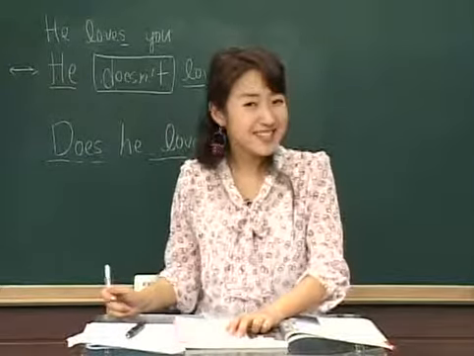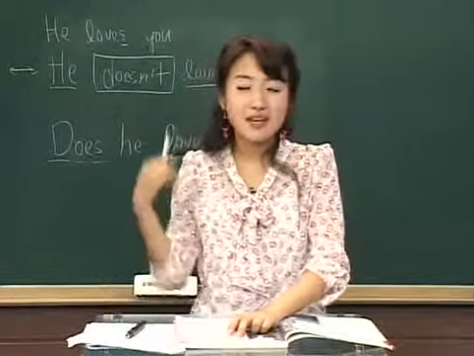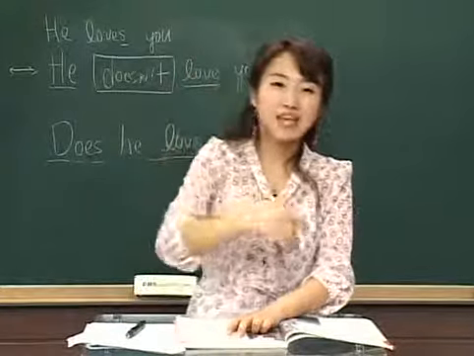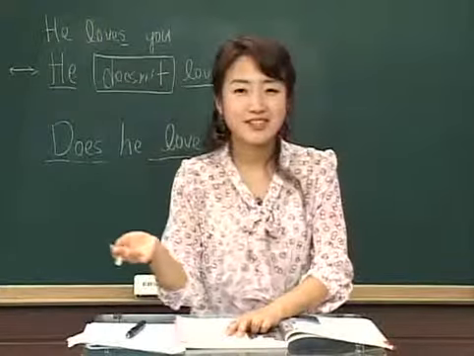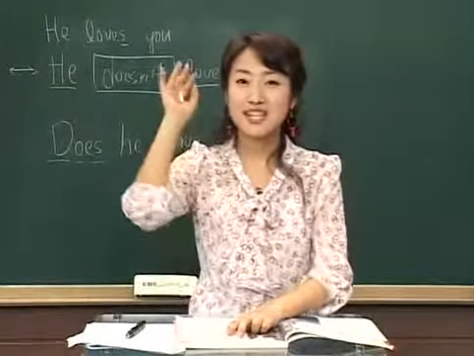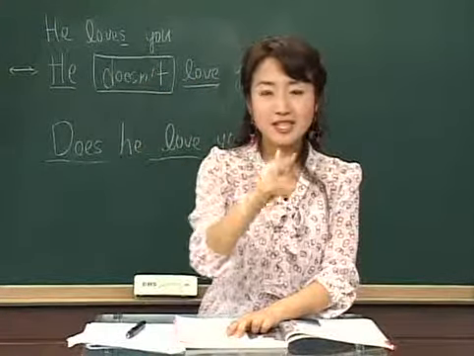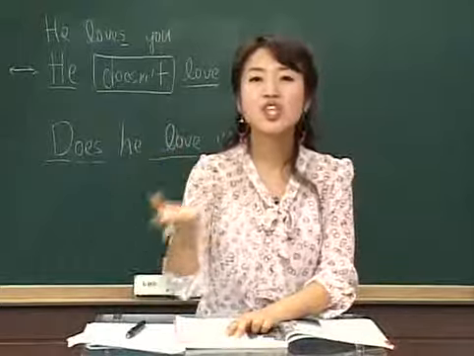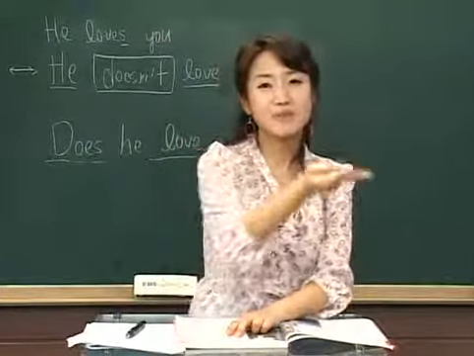Aha. Is this WH question? No, this is like we can answer like either yes or no. 예, 좋아해요, 음악 듣는 거. Or 아니요. So this is yes, no question. How do we make yes, no question? That's right, using does. So, does she like listening to music? Does she like listening to music?